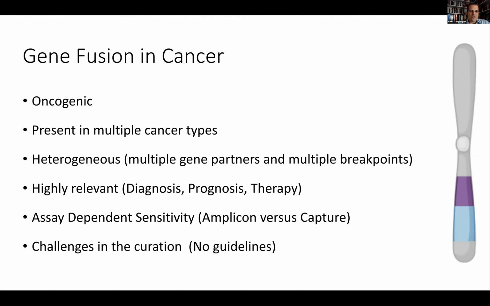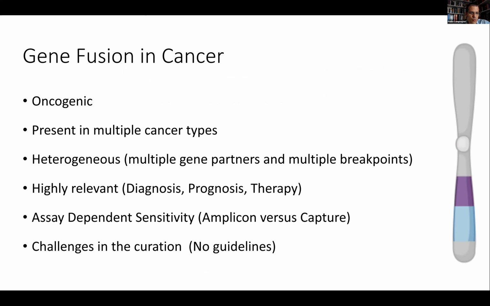So let's start with gene fusions in cancer, right? So why study gene fusions in cancer? Several very important reasons. So first, we have many oncogenic gene fusions that contribute to causing cancer. We find relevant gene fusions in multiple cancer types.